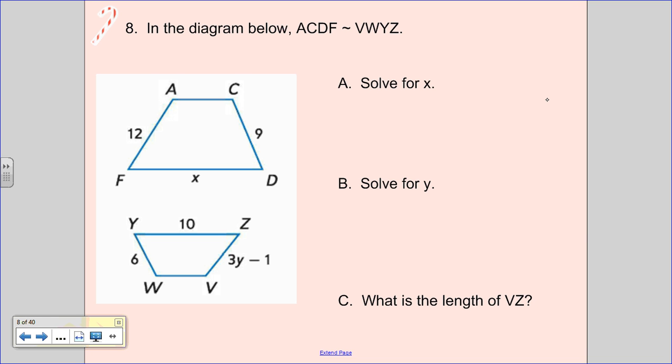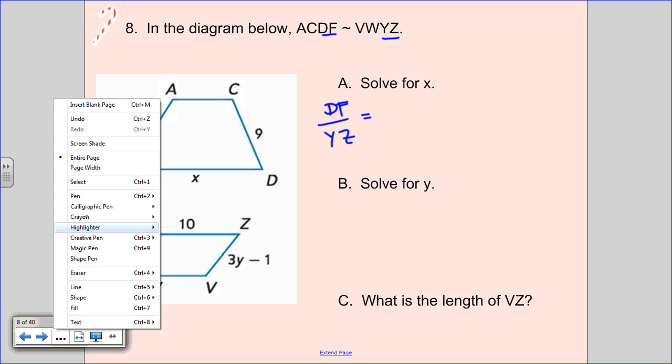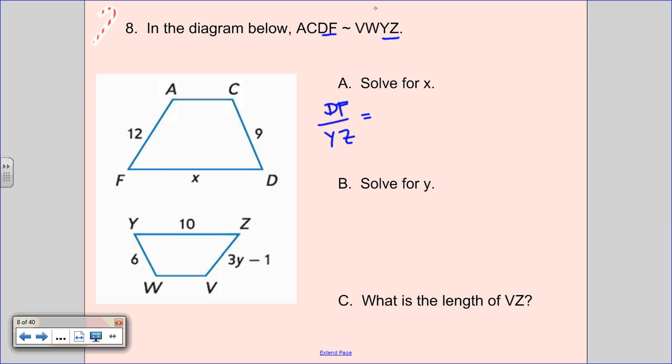So x is DF, so that means it's similar to YZ, which means that we could have DF to YZ, which is equal to, do we have another? We have CD and YW, which are also proportional because they're in the same order, and we have both of them labeled.